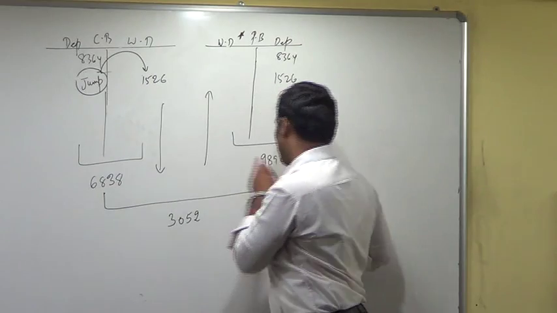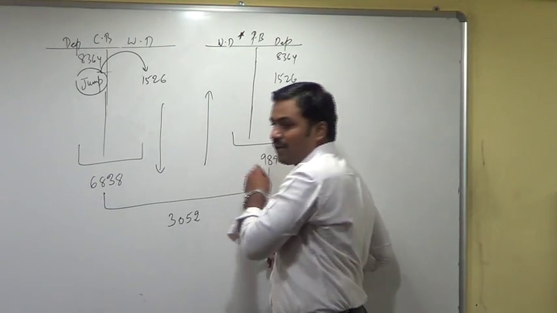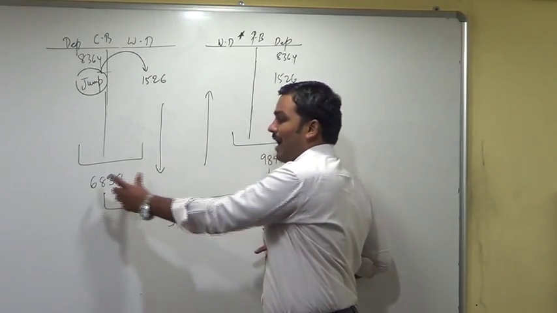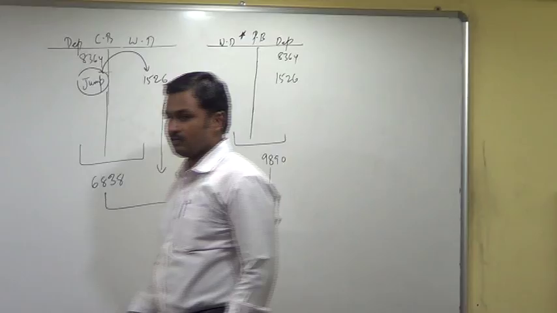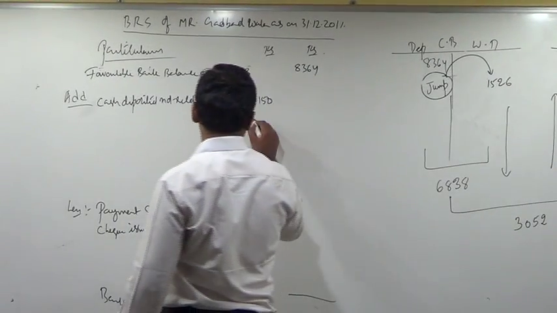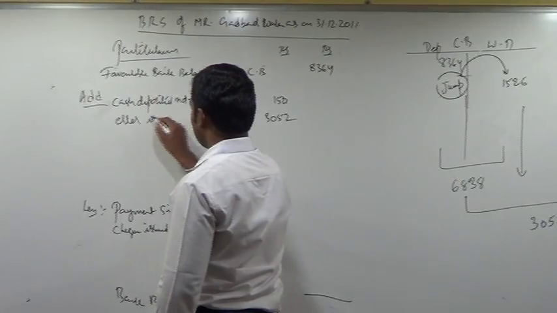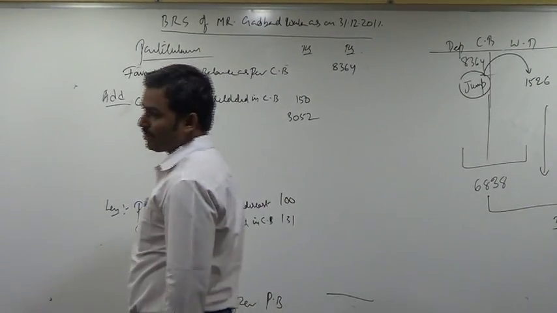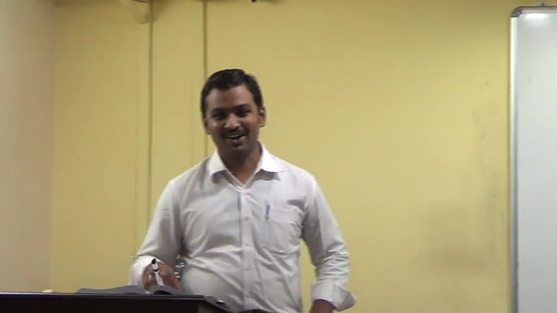If you add this to this, then you get this number, no? Yes, sir. And this amount should be added to the cash book balance to make it equal to the passbook balance. 3052. Error in cash book. Error. Not normal error.